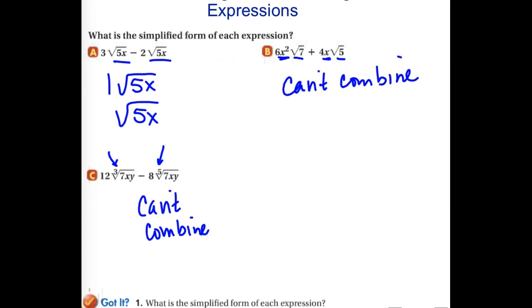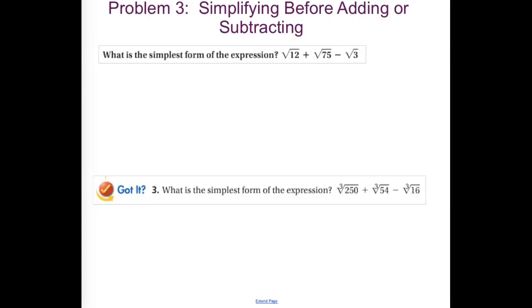We have only looked at ones where the radical has been simplified as far as it can go. If you look at our next example, we are being asked to add the square root of 12 plus the square root of 75 minus the square root of 3. Notice the directions say simplify before you try to add and subtract. If there are perfect squares or perfect cubes, whatever kind of root you're taking, inside as a factor, you have to pull them out first. Then you can compare and say, can I put these together or not?